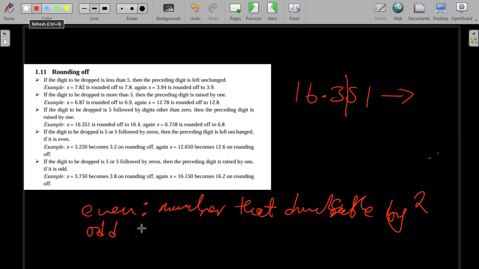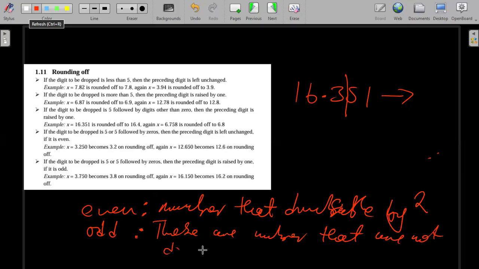What of odd numbers? It's the opposite of even numbers, isn't it? These are numbers that are not divisible by 2. When you divide them by 2, you usually get a remainder.